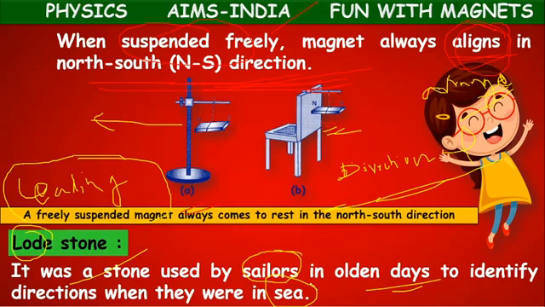When we are in the middle of the sea, there will be nothing. In all four directions we will be seeing only water. In that entire sea, we can't find directions. So with the help of this property, we can find the directions.